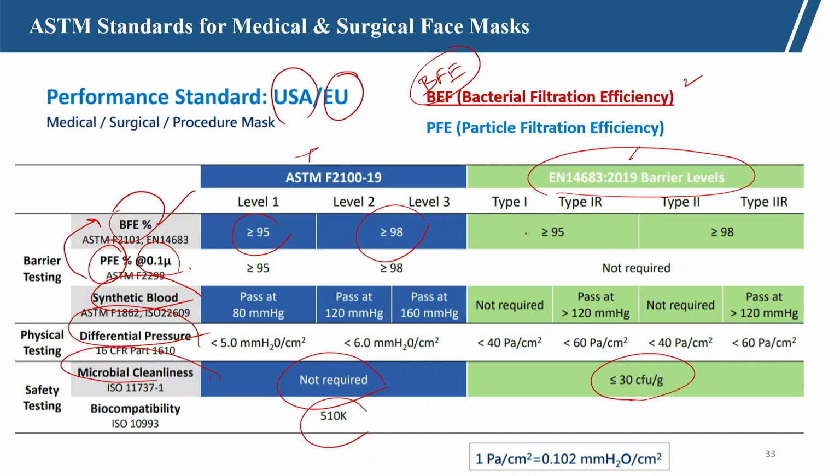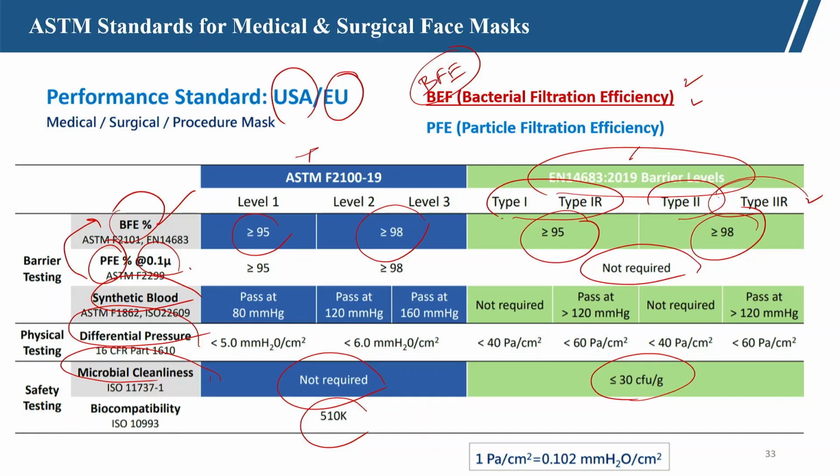Type 1 and type 2 require more than or equal to 95%, and type 2R is 98%. Particle filtration efficiency they do not recommend any such test; only bacterial filtration efficiency is enough.